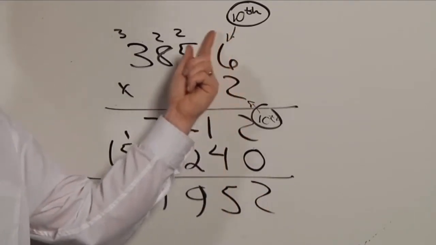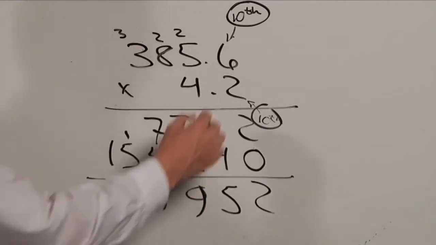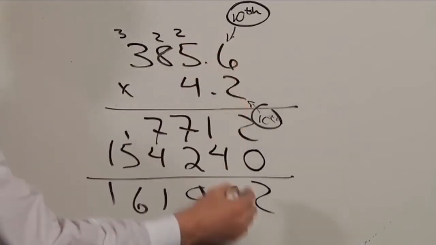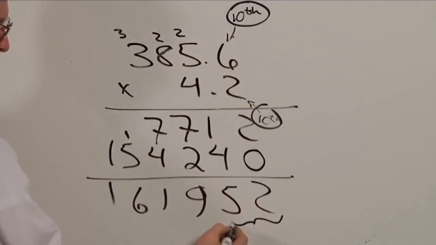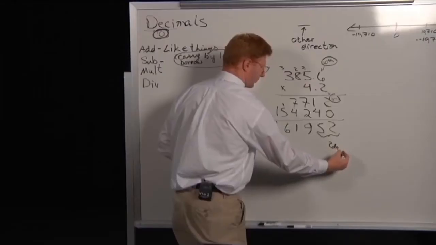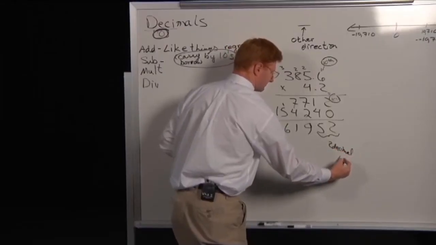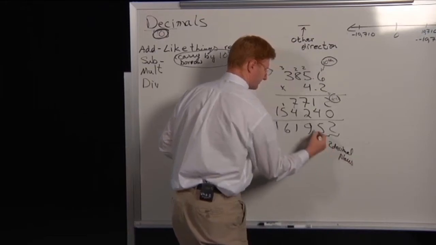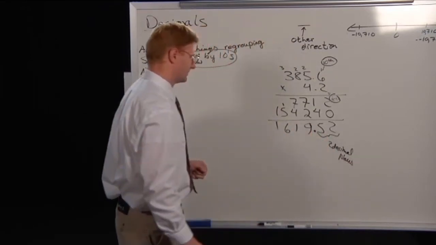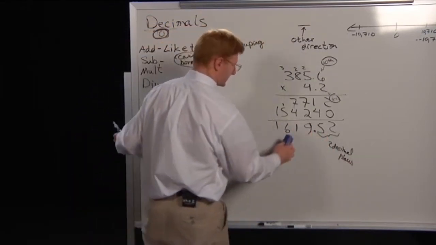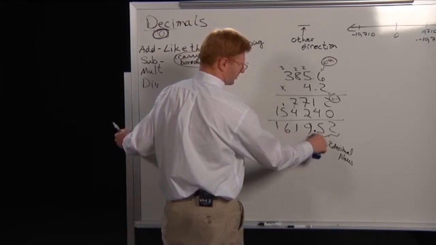The total number of decimal places up here, 1, 2, is where you put the decimal down here. So we have 2 decimal places. In this case, it's 1619.52.